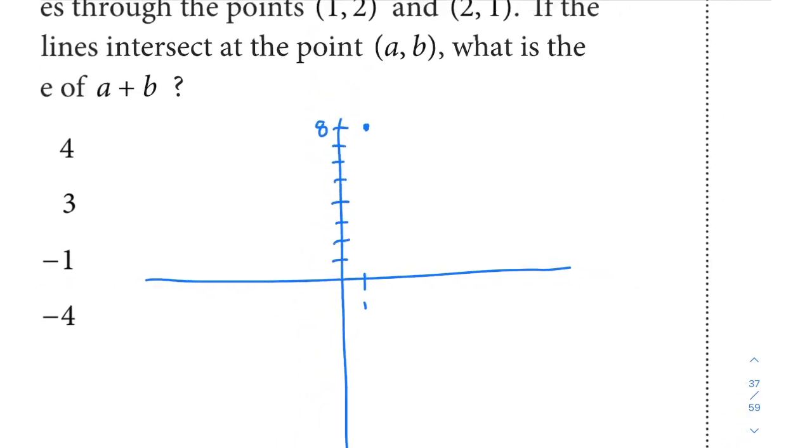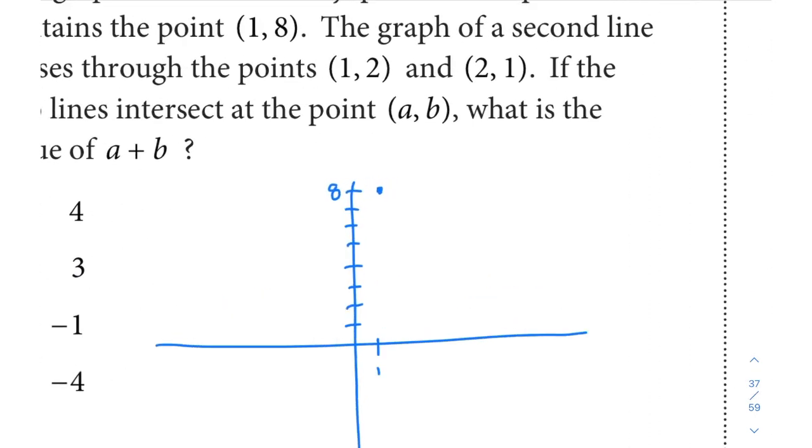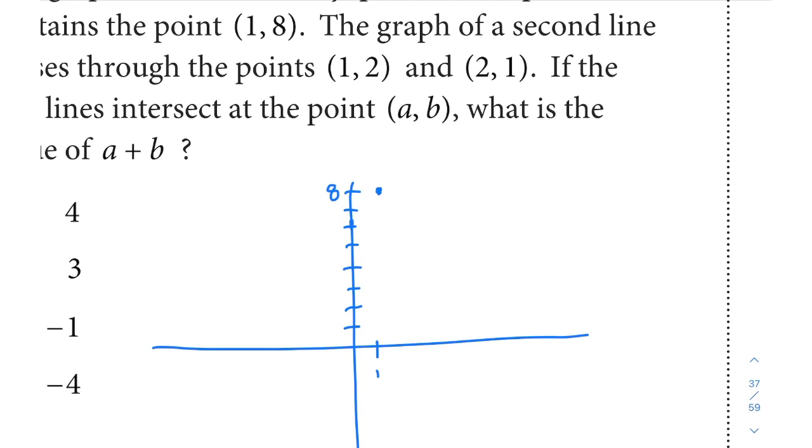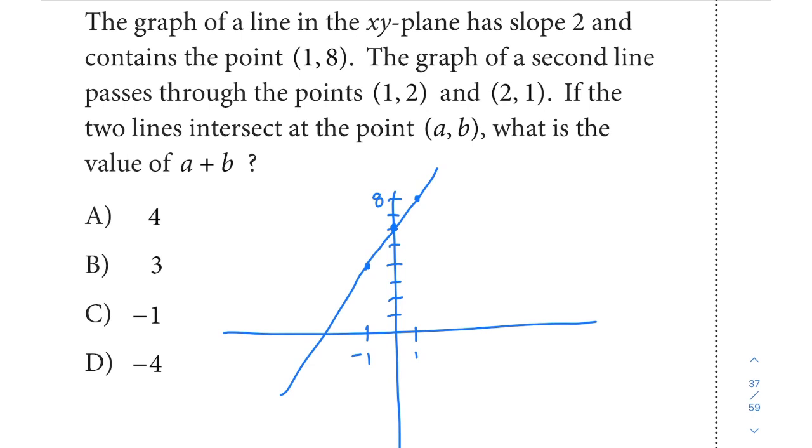And then a slope of 2 means that it's going to go up 2 over 1 or down 2 over 1 the other way, which would cross the y-axis here at 6. And then it would be here at (-1, 4), and so forth. And we can draw a line. It might not be perfect, but it at least gives us a ballpark idea of where we are.